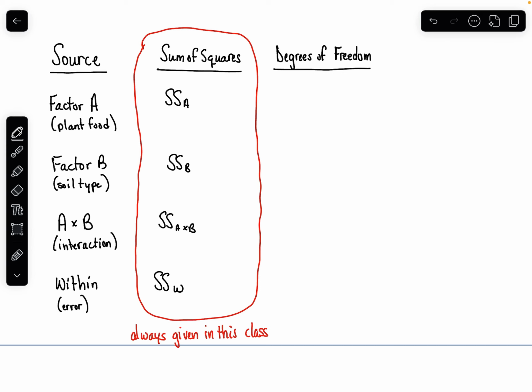Now, the degrees of freedom for factor A is little a minus 1, where little a is the number of different levels, as it's referred to, that factor A has. In this case, for the plant food, it would be 3, because there were 3 plant foods. So the degrees of freedom for the plant food would be 3 minus 1, which is equal to 2.